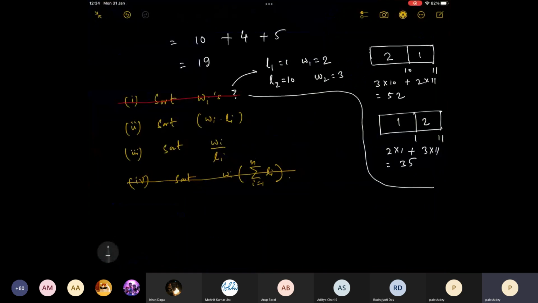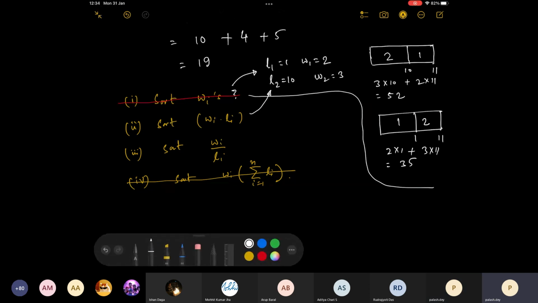Sir, I think the same example as the previous one is a counterexample. Correct. The same example will work. I will let you check. Okay. Third one.